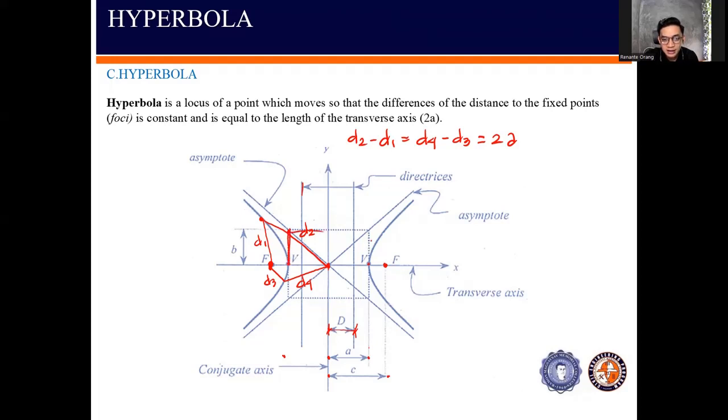So parang makaka-create tayo ng rectangular shape. So that is our asymptote. Meron tayong formula for that one mamaya. Okay? So we have our focus, vertex, center, our A, C, and our B. So, yan yung mga kukunin natin kumbaga mamaya. And yung asymptotes and directrices natin.